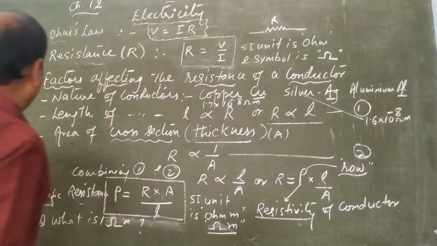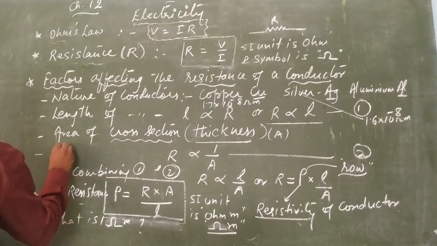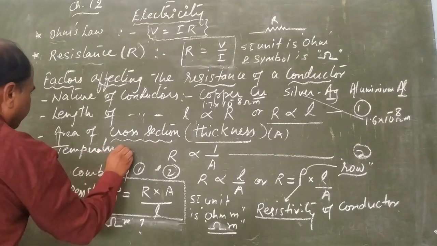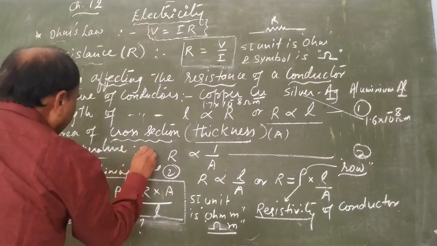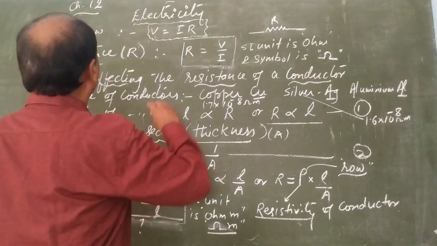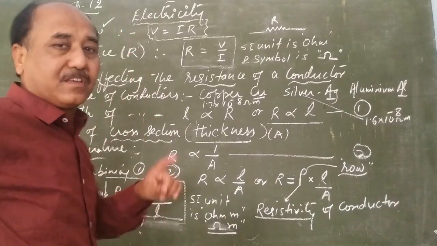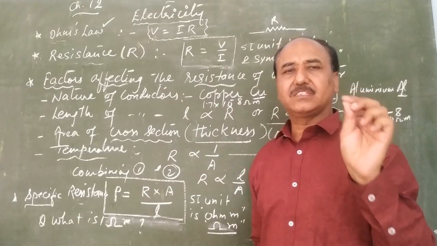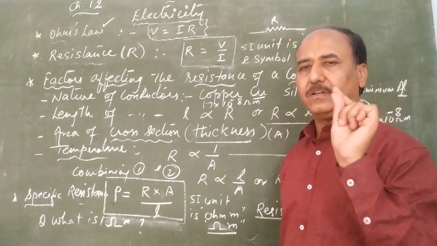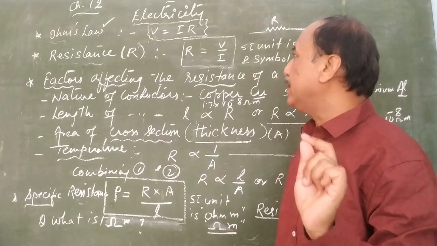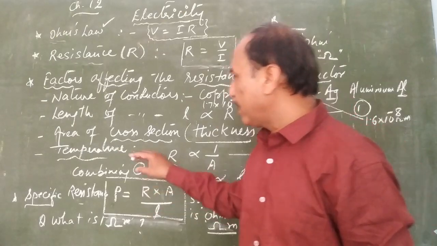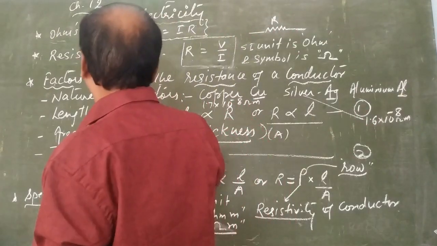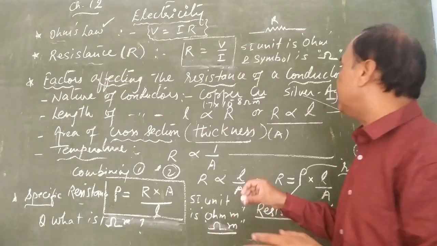Now one more factor is left, the fourth one, that is temperature. If you remember, we mentioned temperature in our Ohm's law. Do you remember that Ohm's law? In that Ohm's law, we said that temperature and pressure, two physical quantities, remain constant. Now here the temperature directly affects the resistance.